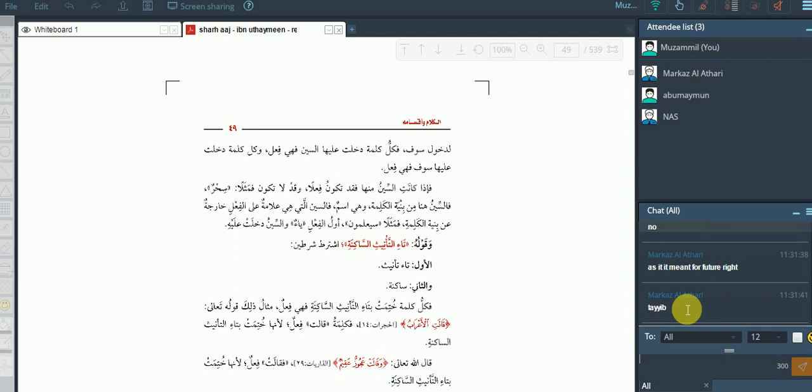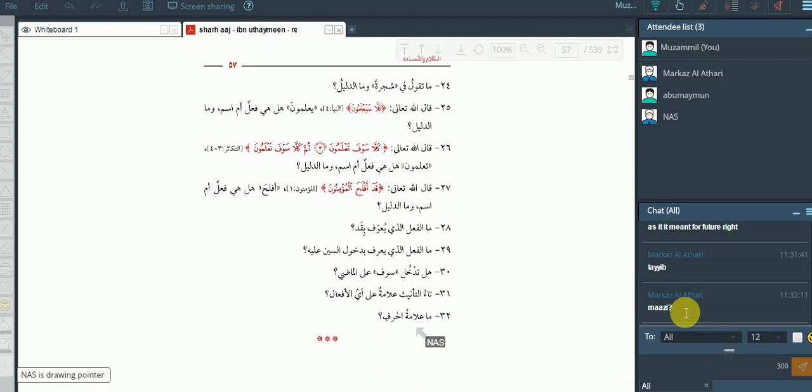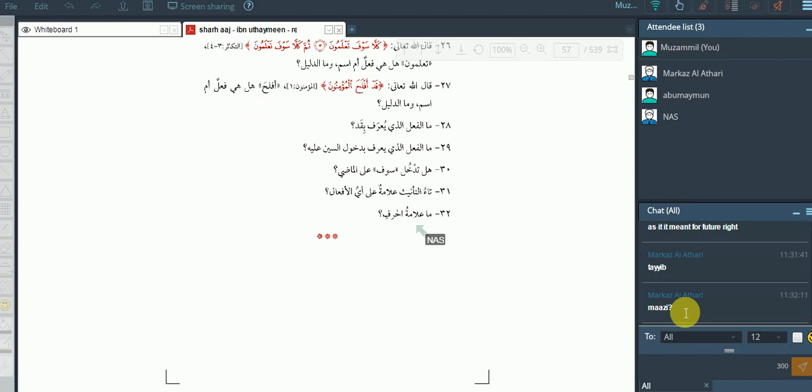For example, you say ذهب, ذهبت; خرج, خرجت; جلس, جلست. The past tense, well done. It enters upon the past tense verb, none other.